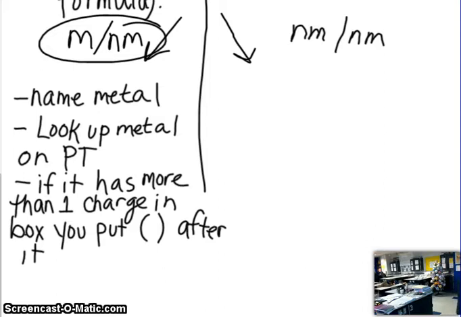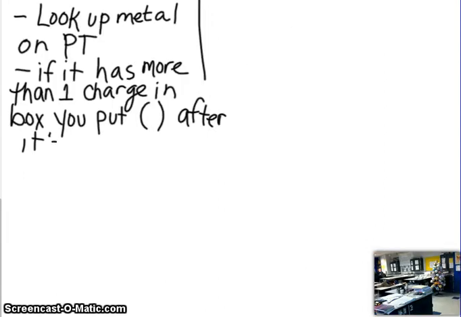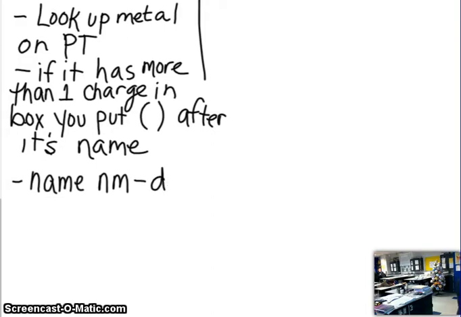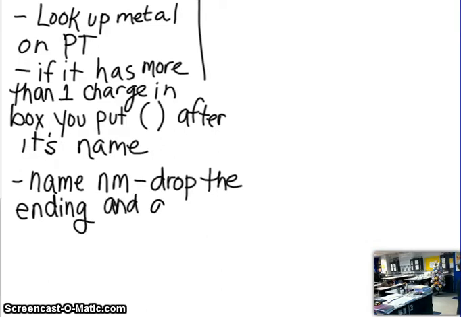We'll come back to what goes inside those parentheses. If it doesn't, you don't need the parentheses, so you would just name the metal. Then you'll name the nonmetal, drop the ending, and add IDE.